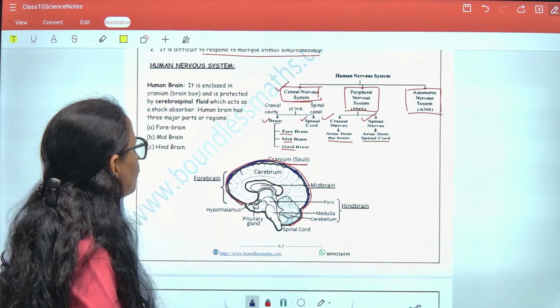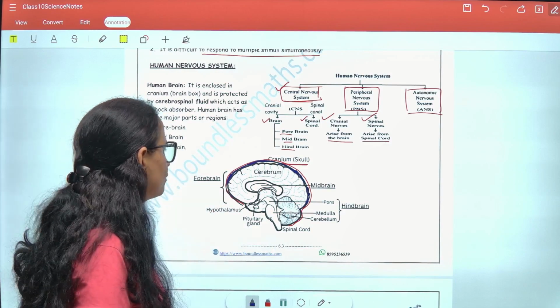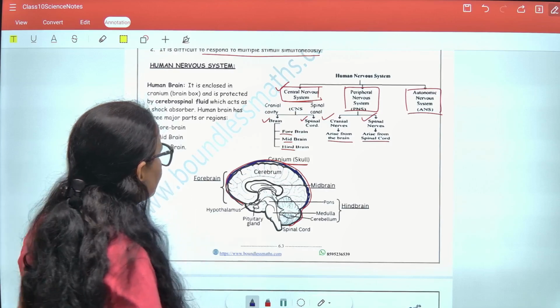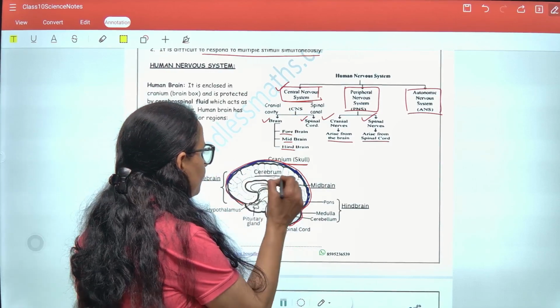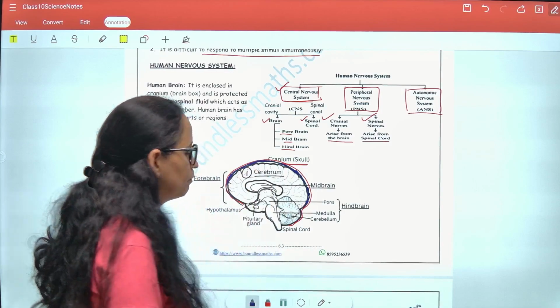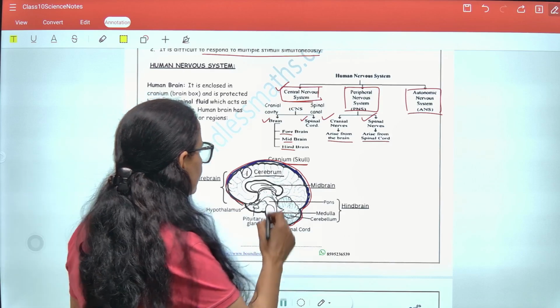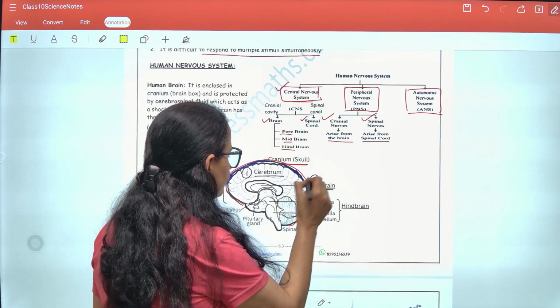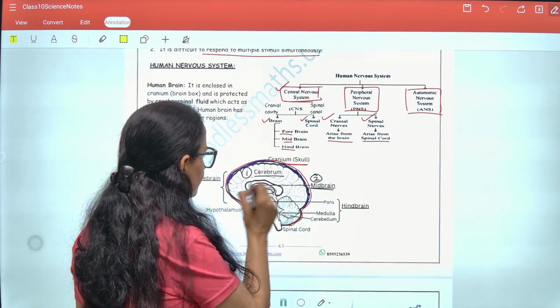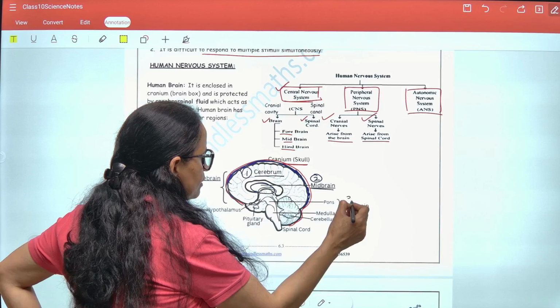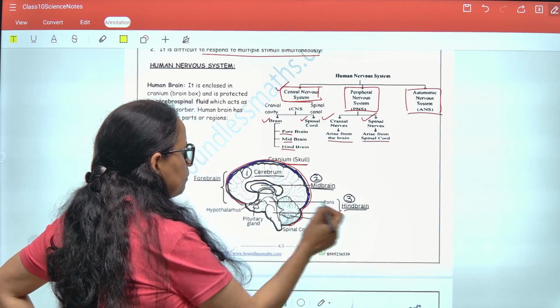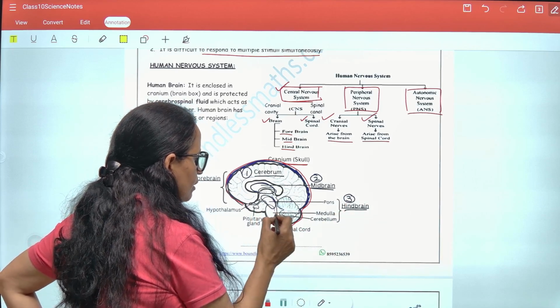Let's get into what the parts of the brain are. The first part that we have seen is called the forebrain or the cerebrum. Second one is the midbrain. Midbrain is here in the center. And then we have the hindbrain. This is the third part of the brain. Hindbrain consists of pons, medulla.